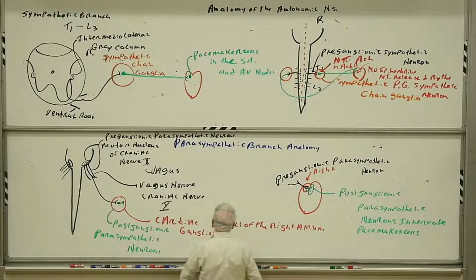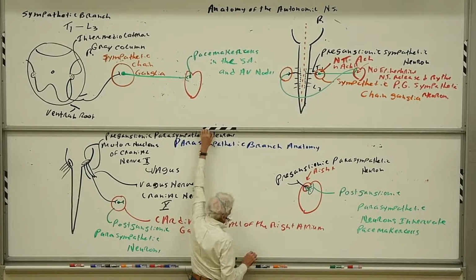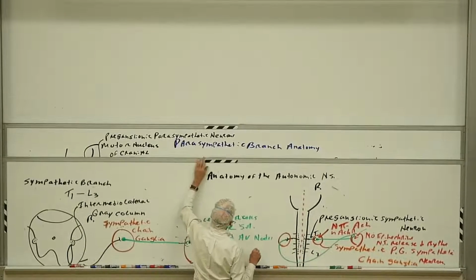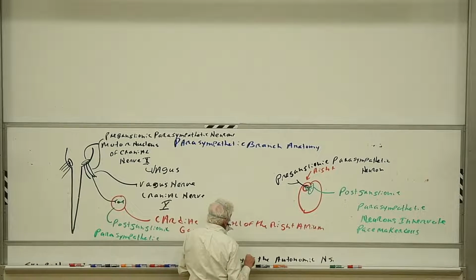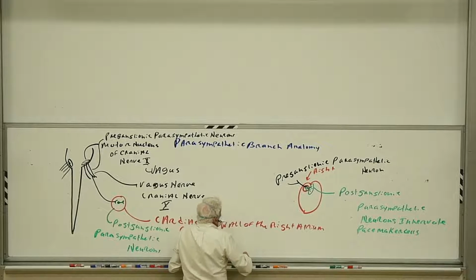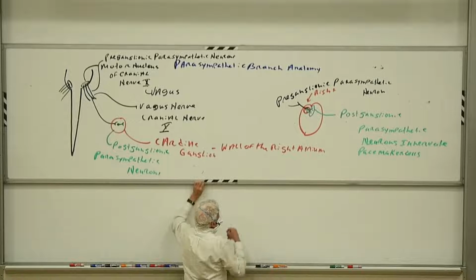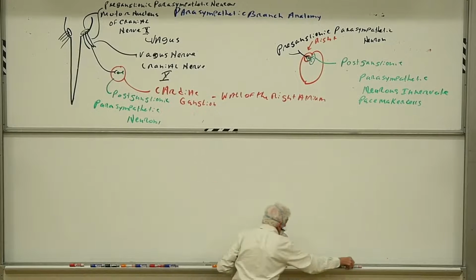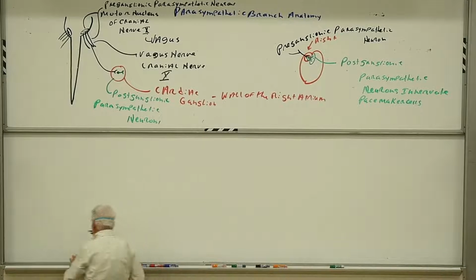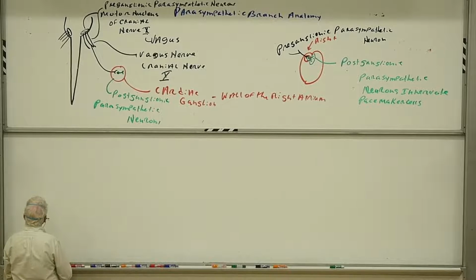Last couple of minutes, let me go to the back panel. I don't think I'm going to get through both of these, so I'm going to start here with the sympathetic branch.